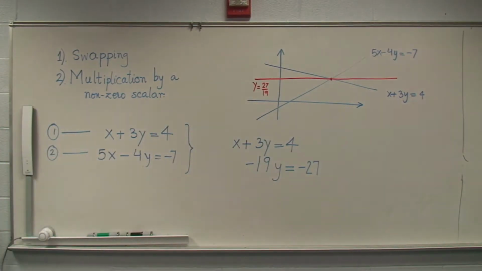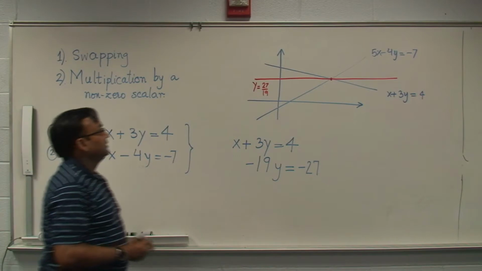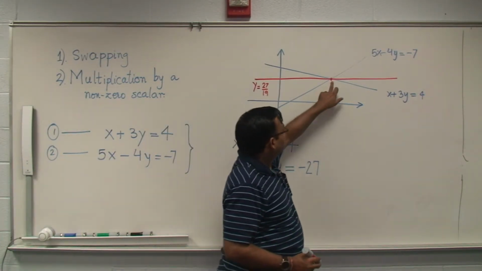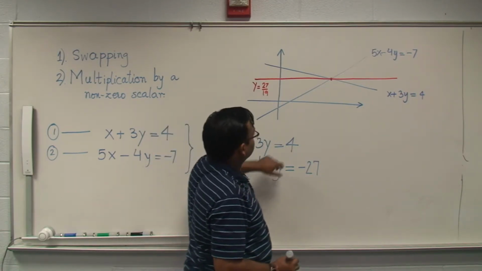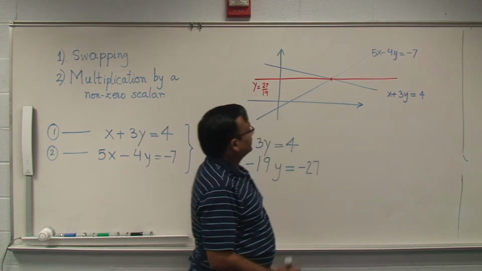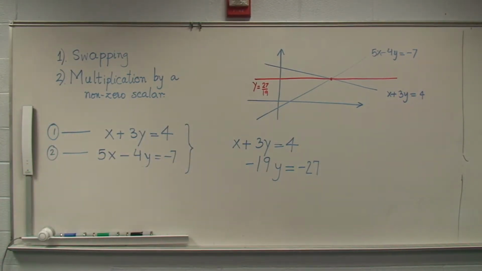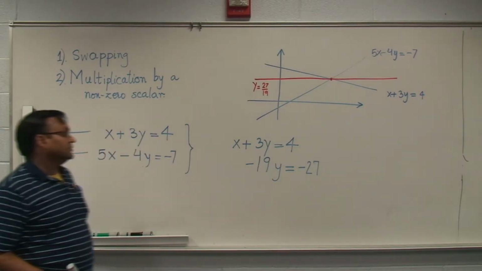As you can see, if you look at the intersection of the first two lines that we were originally considering, the intersection point was here, and if I consider this line and this line, the intersection point remains the same. So geometrically we have a confirmation that the intersection of these two lines is going to be the same as the intersection of these two lines.